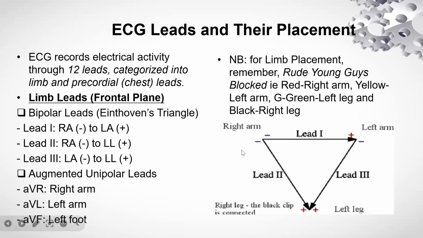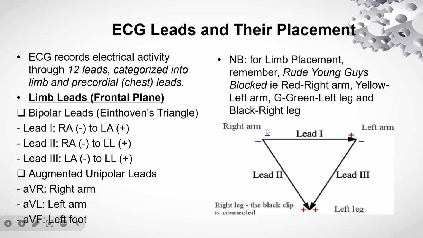Then on the left arm, you have the yellow lead, and the green on the left leg. The black is on the right leg, which is usually the neutral.